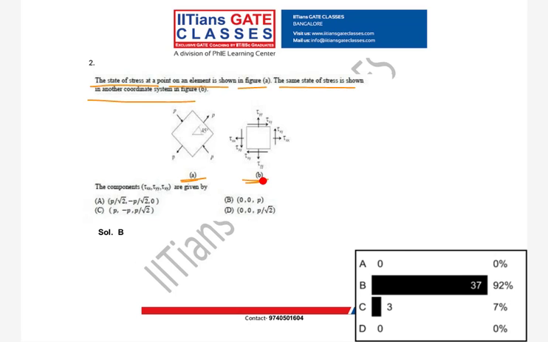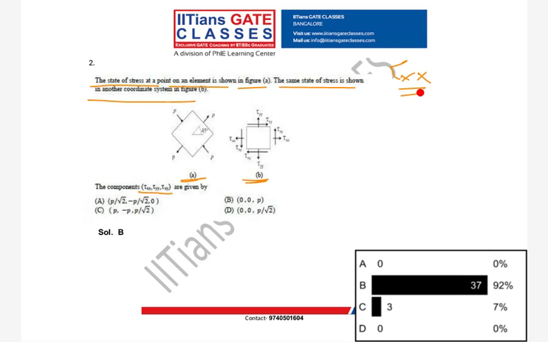Now they want sigma xx, sigma yy and tau xy. Is sigma xx a normal or shear stress? It is a normal stress, right? Okay, that's good.